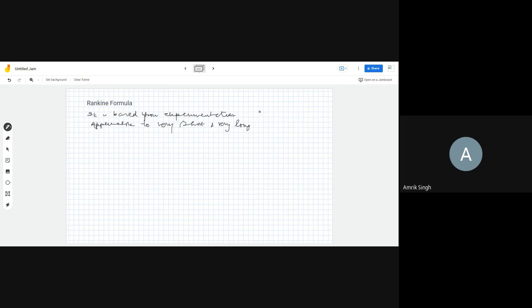So Euler formula is not very good, so we have to find another formula. Then third is that both the direct stress and buckling stress are taken into consideration. Buckling stress has been considered.